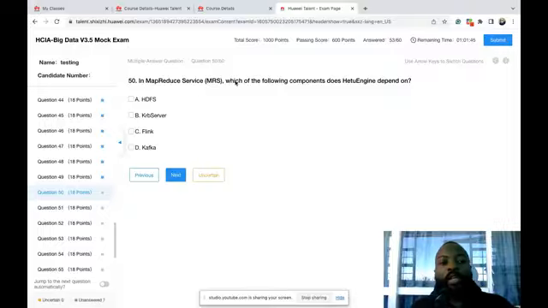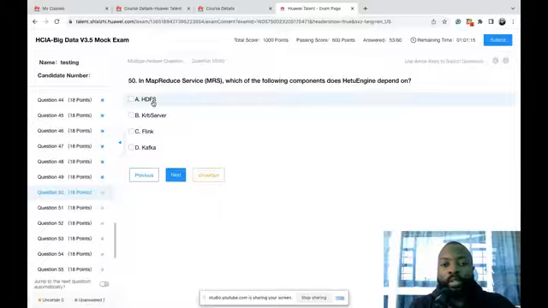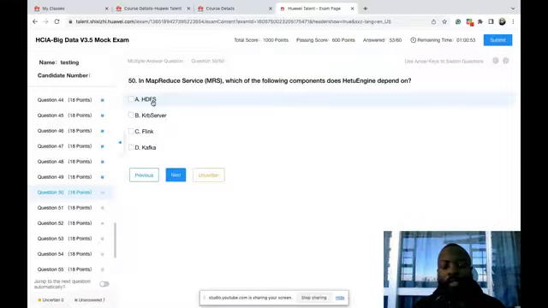In MRS, which of the following components does an engine depend on? MapReduce, which engine?